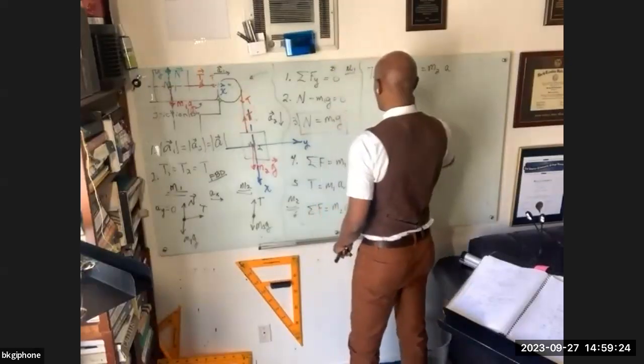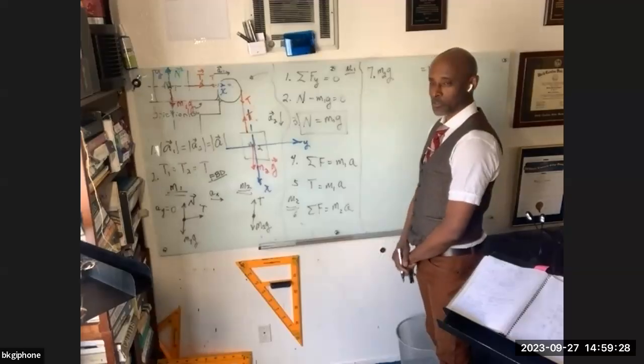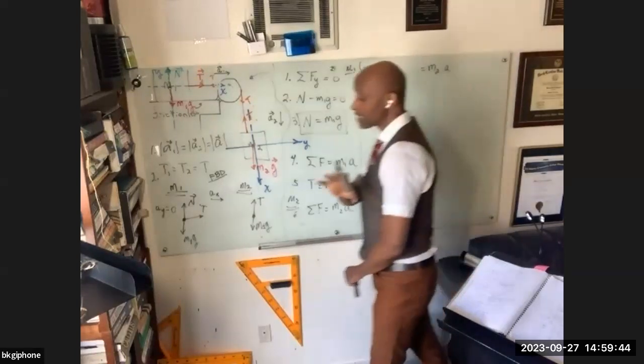So wait a minute. I already have the M2A. Maybe that's what you meant. It's already on the left, yeah. But okay, I'm on the right side. So M2G, I'm assuming that's what you meant. Go for it. What else? Okay, maybe that's not what you meant.